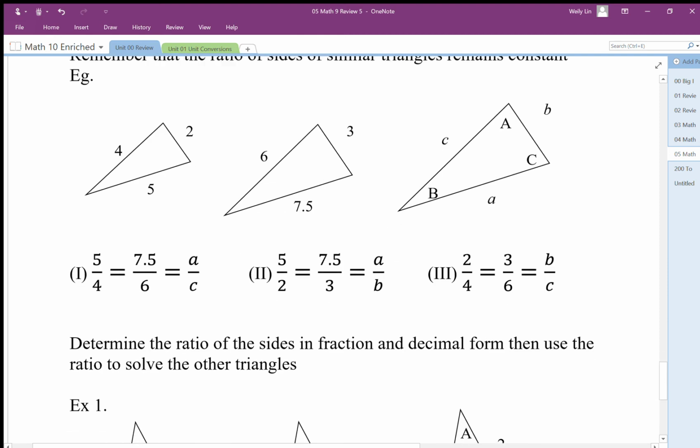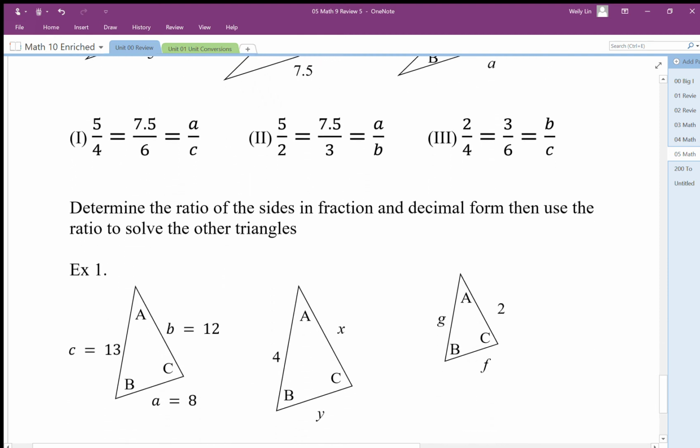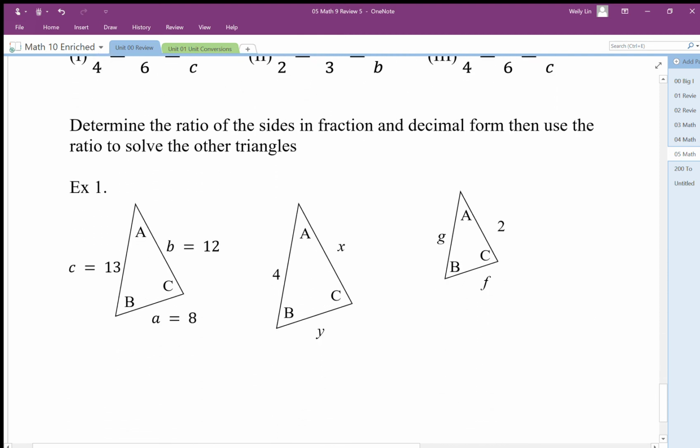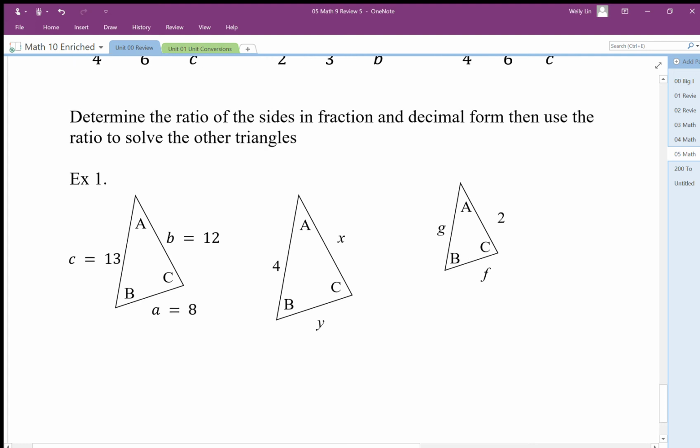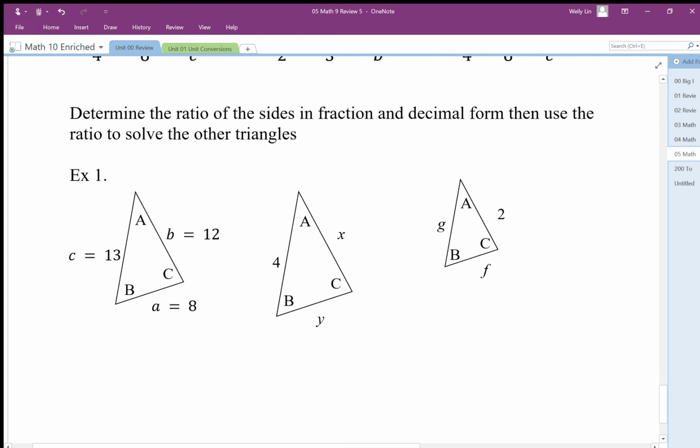Okay, so we're going to find the ratio of the sides in fraction and decimal form and then solve for the unknown parts. So I'm going to do this first one comparing two sides of the same triangle. So I'm going to do 12 to 13. So this side here, B to C, is going to be x to 4.